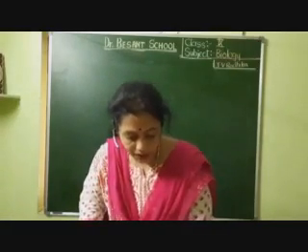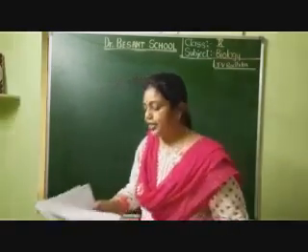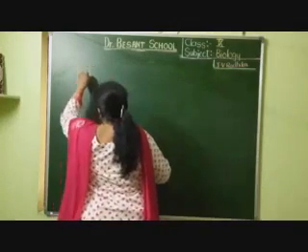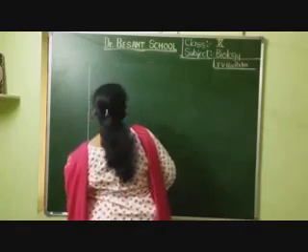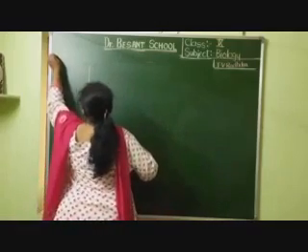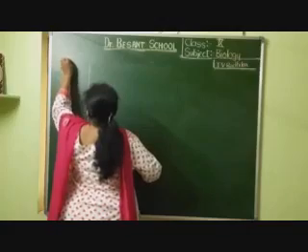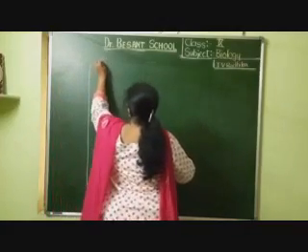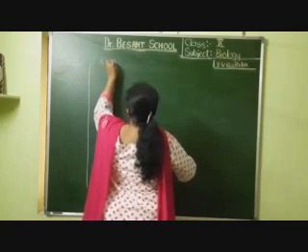You can make a table as I suggested in the first lesson also. The table would be like this. This is the tissue name, and here are the characteristics.